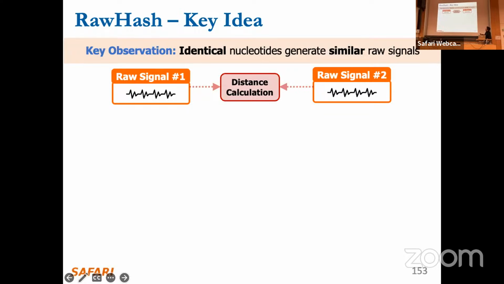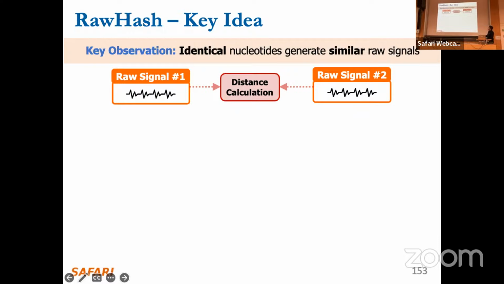And then when you're sequencing again, maybe at a different time using some other nanopore sequencing device, you'll generate another electrical signal. So there is noise in these electrical signals, and this noise will cause the generation of similar raw signals, not exactly the same electrical signals, when you're sequencing identical DNA content.